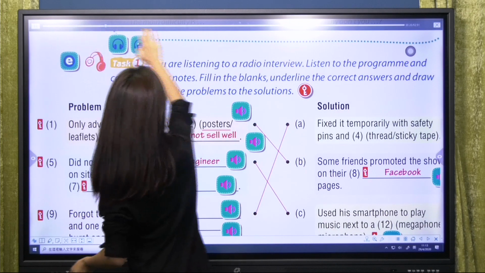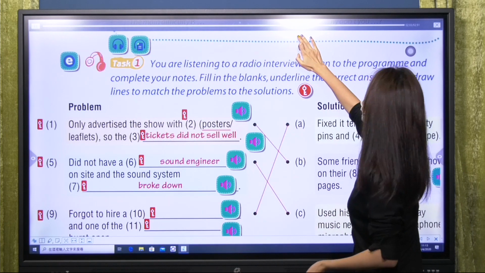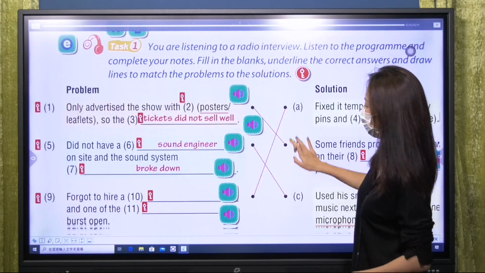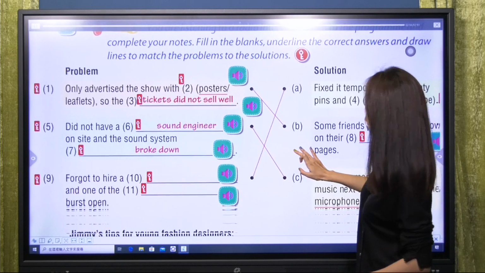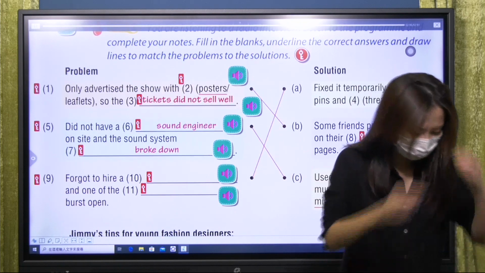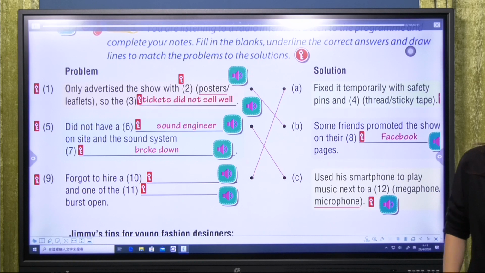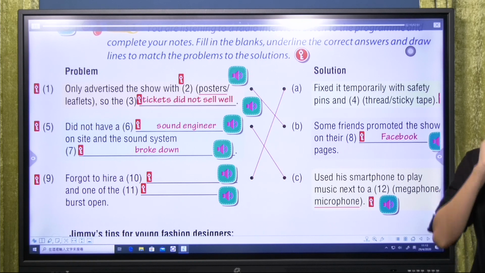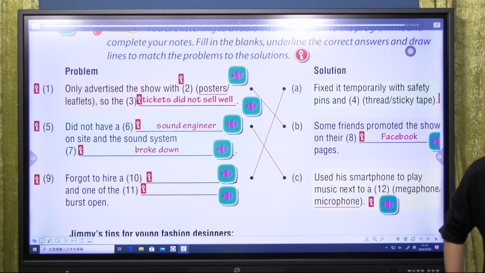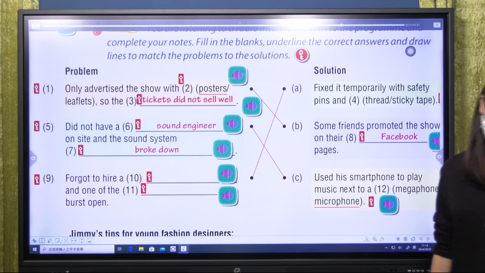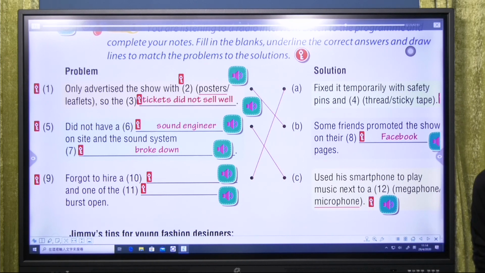Welcome to... I suggest that you test the sound system before the show and make sure everything works. I'm sure our listeners will keep that in mind. It might be a good idea to have a tailor on site too. I forgot to hire one for my first show.